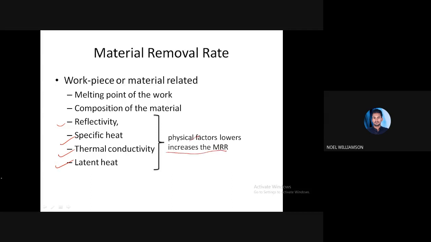MRR will be high. So these are the main factors which affect the MRR.